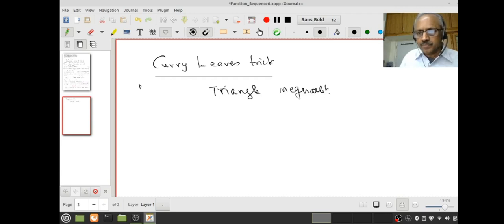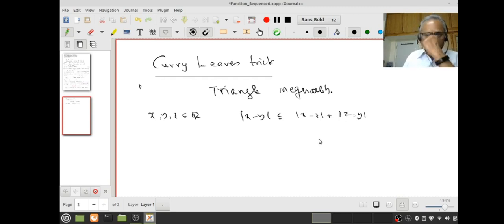It is true even in metric spaces, but let me stick to real numbers now. Notice that the triangle inequality, teachers usually write like this: for every x, y, z in R, |x - y| is less than or equal to |x - z| + |z - y|. This is what they write. This I call a static version. I have a dynamic version.